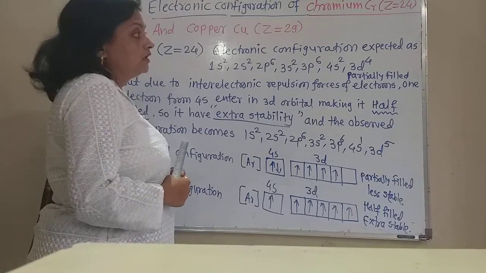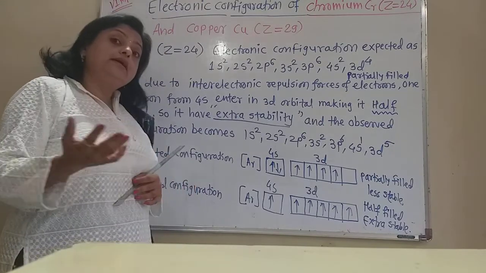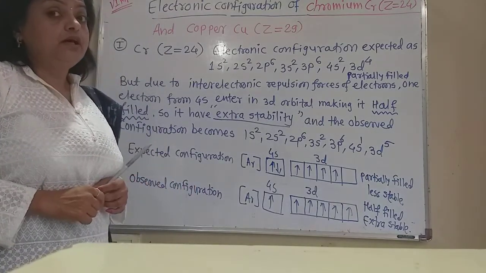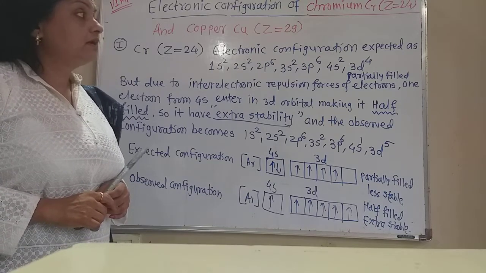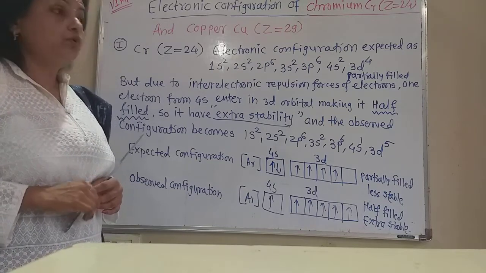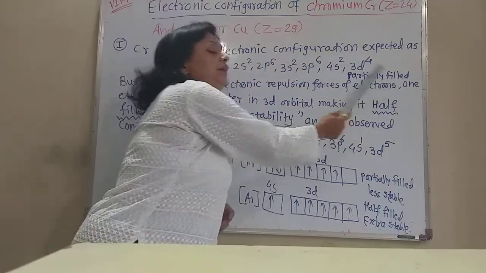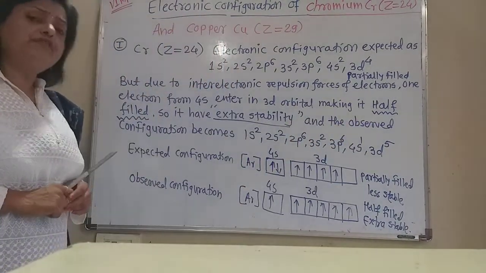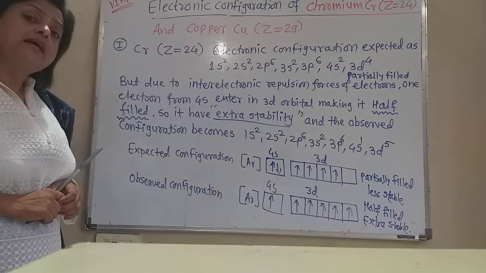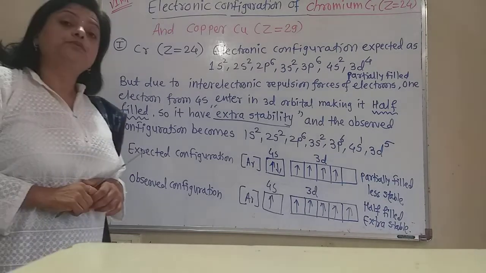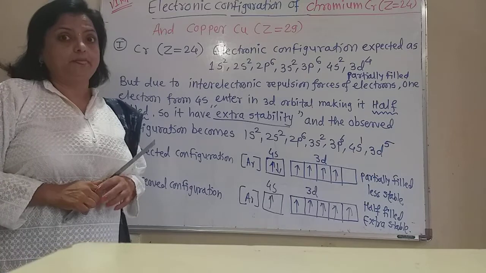The d orbital contains 5 different d orbitals, and only 4 orbitals have one electron. So such an orbital is a partially filled orbital. A partially filled orbital is somewhat less stable than a half filled orbital.